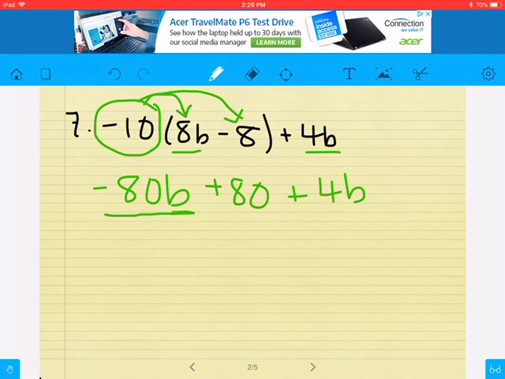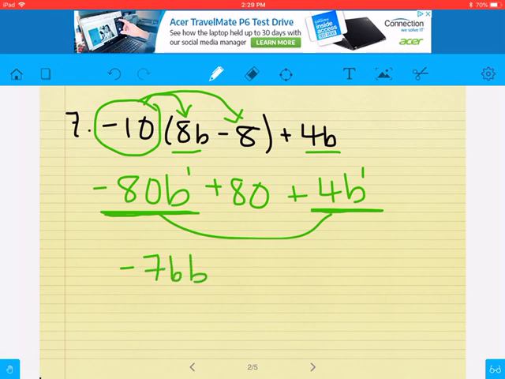Specifically, I'm looking at this negative 80b and this 4b. Those two are like terms because they have the same variable with the same exponent, which is the first power. So we can combine those two. Negative 80b plus 4b is going to give me negative 76b.